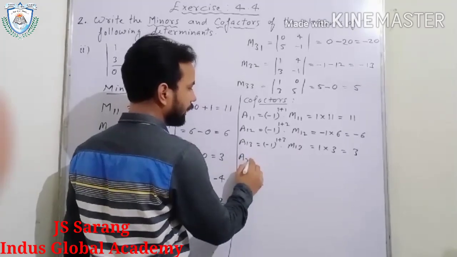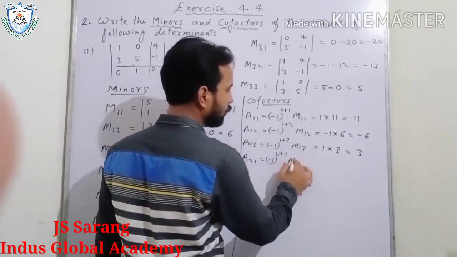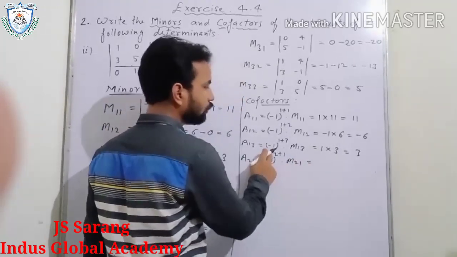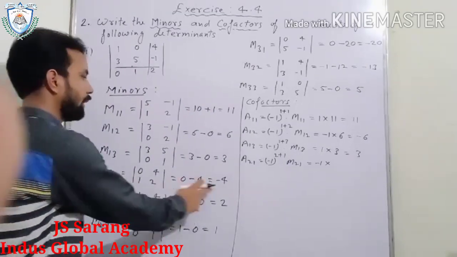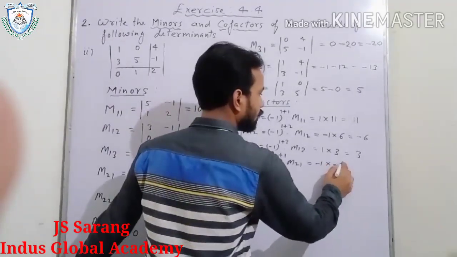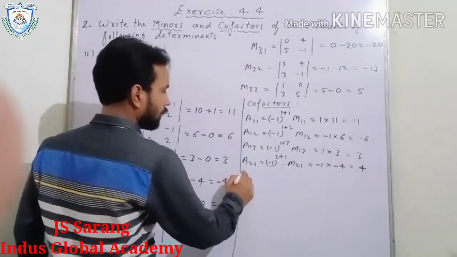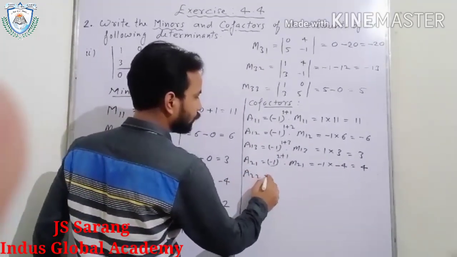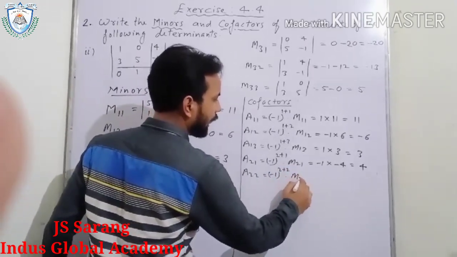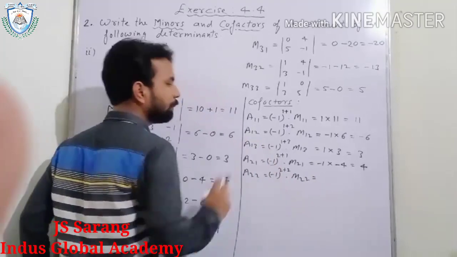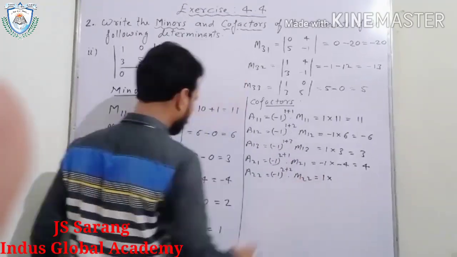Now A21, minus 1 to the power 2 plus 1 into M21. Minus 1 to the power 3 is minus 1 into M21. M21 is minus 4. So minus 1 into minus 4 gives you positive 4. Now A22, minus 1 to the power 2 plus 2 into M22. Minus 1 to the power 2 plus 2 is 4. So it will give you 1 into M22.